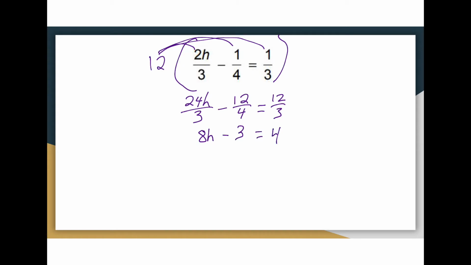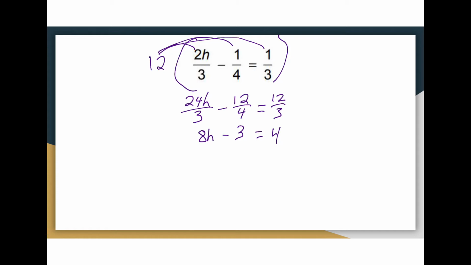So now looking at this problem, this is looking way easier to me than this mess right here. So this is just a nice step that is going to take something that looks pretty complicated and get something that's kind of nice and normal from what we're used to. Me personally, I hate working with fractions, so this is a step I do every single time to make my life easier.